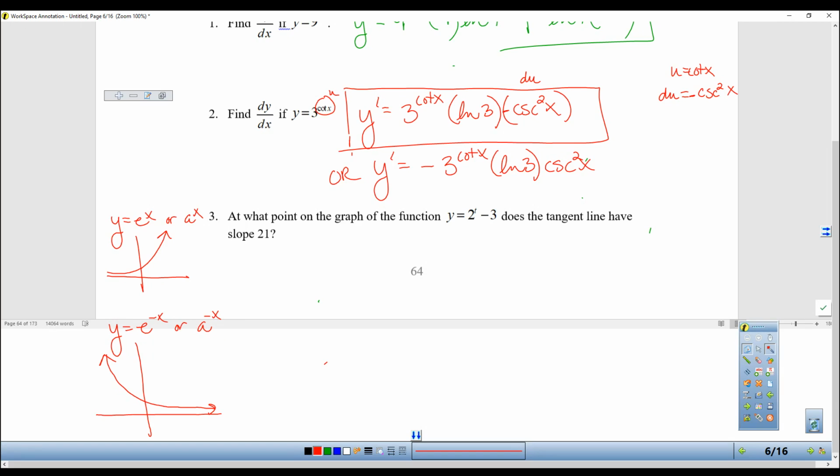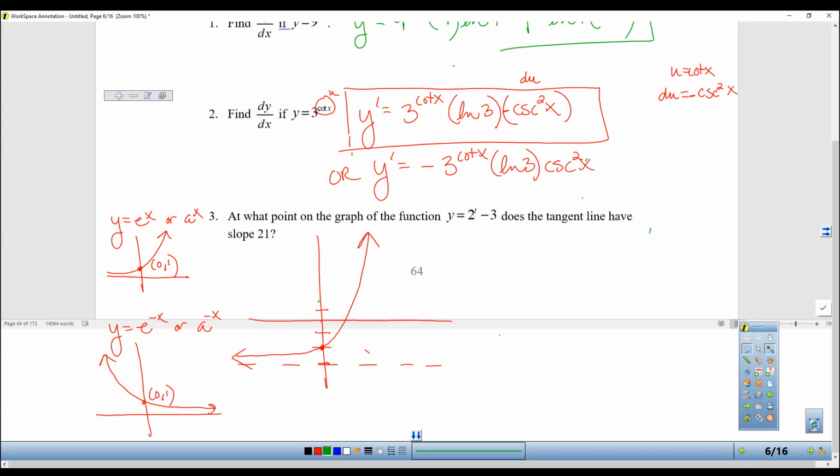But ours, they cross at 0, 1. So ours has been moved down 3. So if it normally crosses at 1, I'm going to move it down 1, 2, 3. So it's going to go like this. That means its asymptote, which is normally at 0, is going to be there. So it's 2 to the t minus 3.